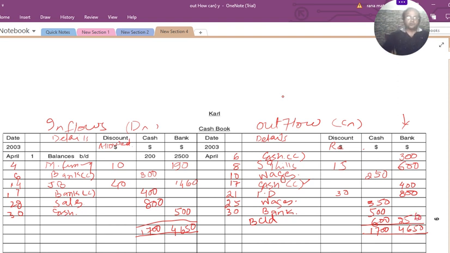And now, on 1st May, we write down the balance brought down, 600 and 2560, and we also write the total amount of discount allowed and discount received.